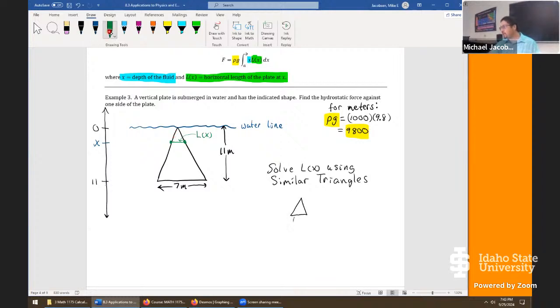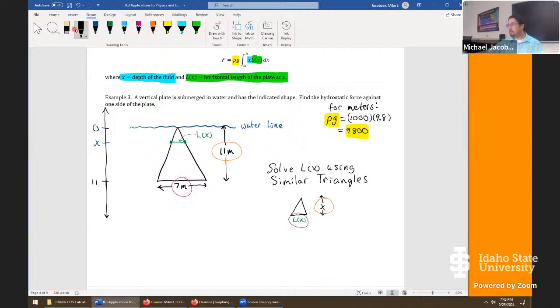The base length is L of x. The height of it, well, that's just the distance below the water line, x. So we'll say going this way is x, the height. And now in forming similar triangles, you want to take corresponding lengths in this kind of way and form a proportion.